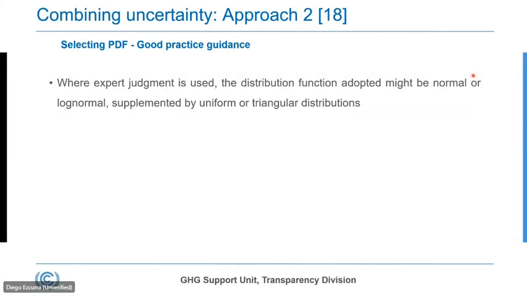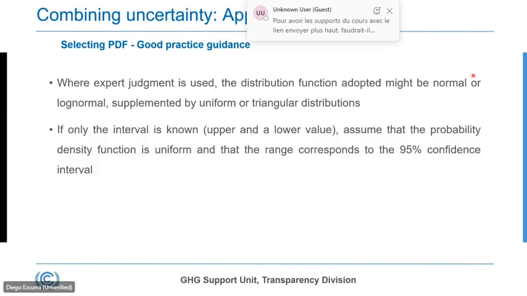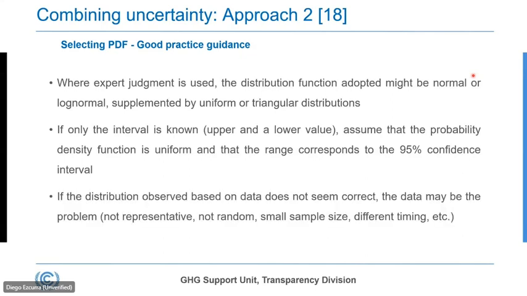If you use expert judgment, in general, a normal distribution may fit well, or a log normal if you see the result of the expert judgment is asymmetric. If you only know the interval, you may assume a uniform probability density function. Again, better you just try to investigate a little more about that variable and assign a triangular or other probability density function.